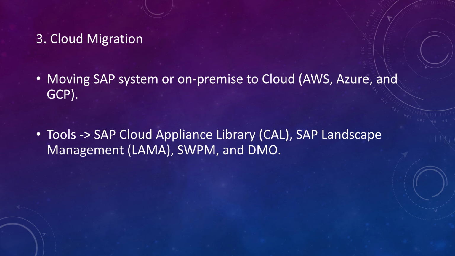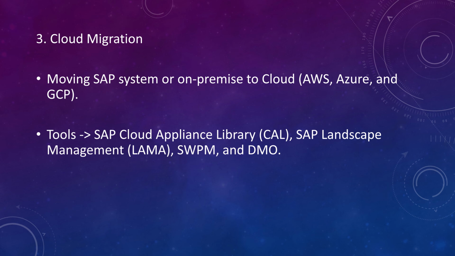Now let's talk about the third type, cloud migration. Cloud migration means moving an SAP system or an on premise environment to the cloud. This could be to platforms like AWS, Microsoft Azure, or Google Cloud Platform. Many companies are moving to the cloud because it offers better flexibility, lower infrastructure costs, and faster scalability.